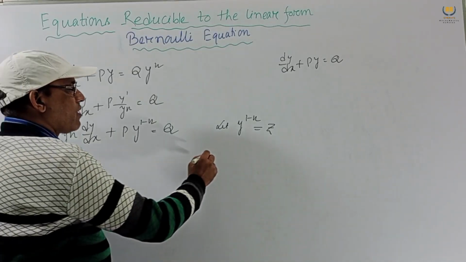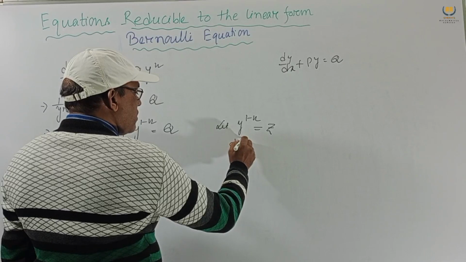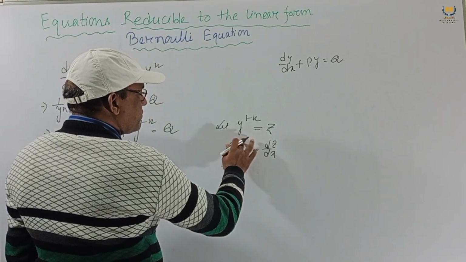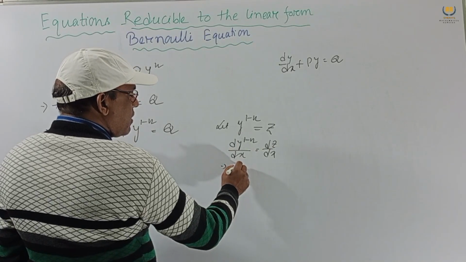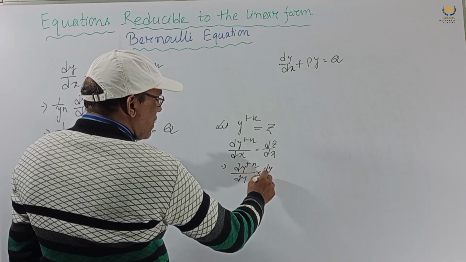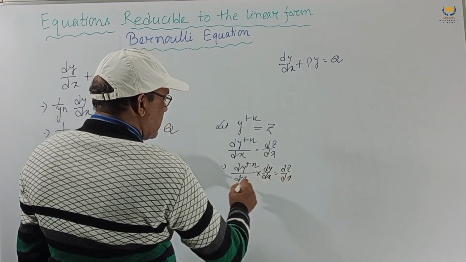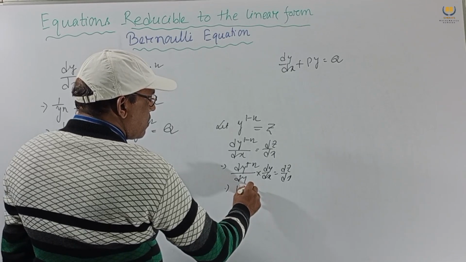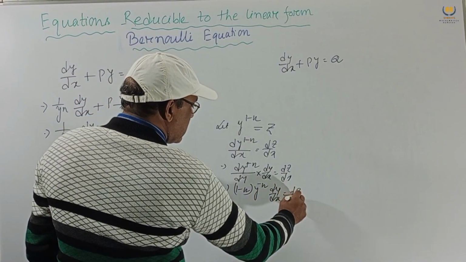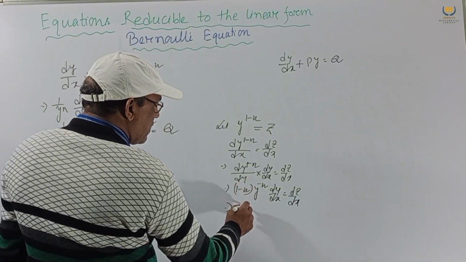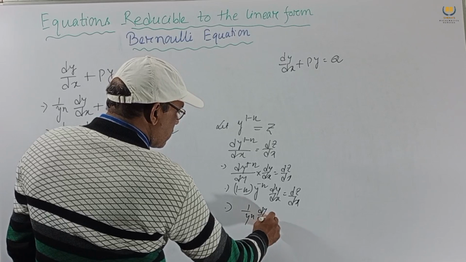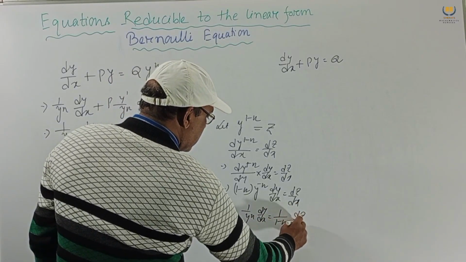We consider this. If we differentiate both sides with respect to x, using the chain rule we get dz/dx equals 1 minus n, y to the power minus n, dy/dx. So 1 by y to the power n dy/dx equals 1 by 1 minus n dz/dx.